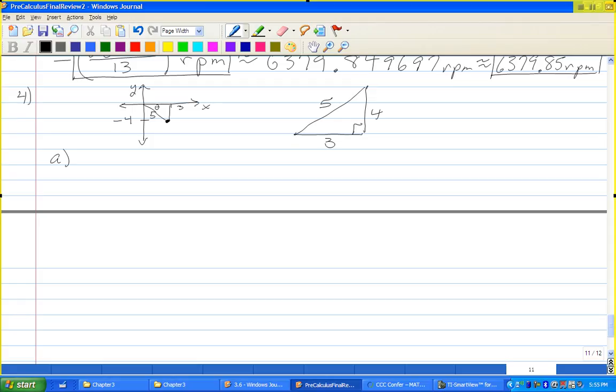Find the exact value of sine. Let's say this is the point x, y, and we know what r is. r is 5.